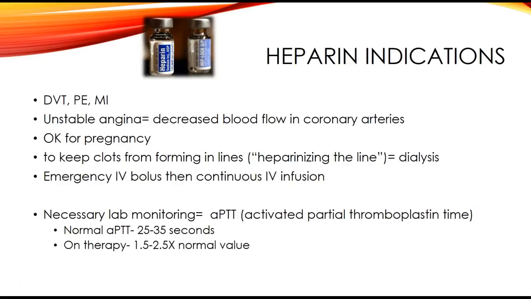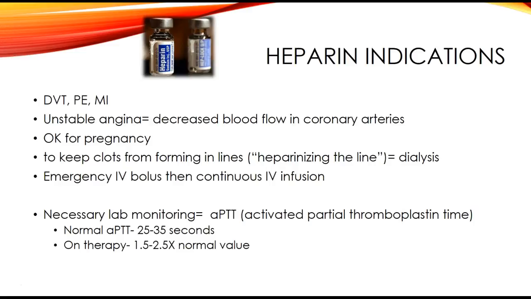They will use heparin as an emergency IV bolus, which means that it's just a large amount going in at once, and then they can change it to a continuous IV infusion for emergent situations. You will see heparin being tapered, so they will change the amount of heparin that is given, the dosage, based on the patient's response. And the lab monitoring used to evaluate heparin is APTT, or activated partial thromboplastin time.